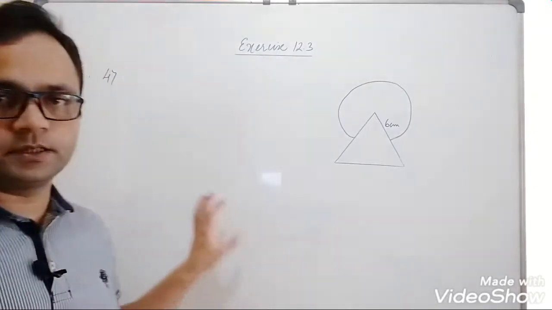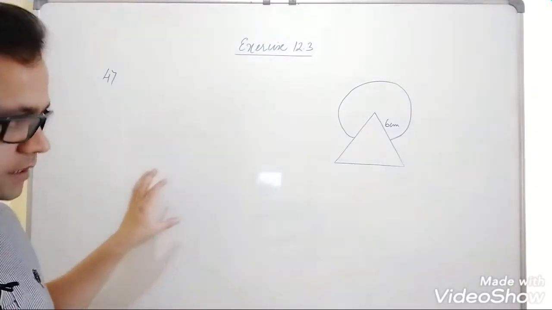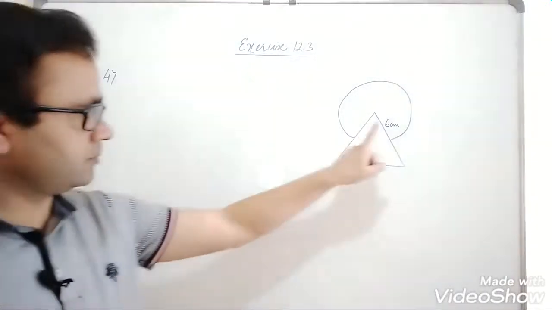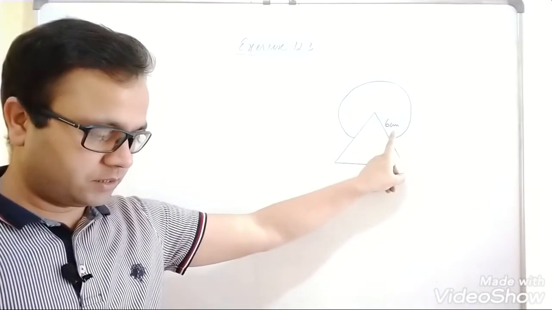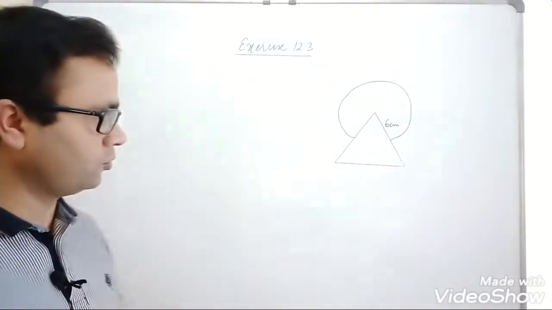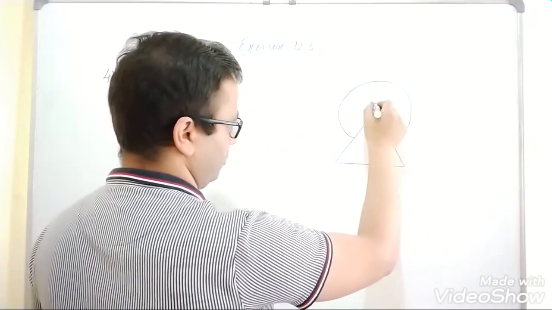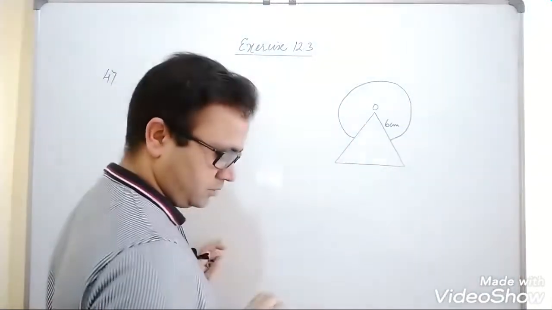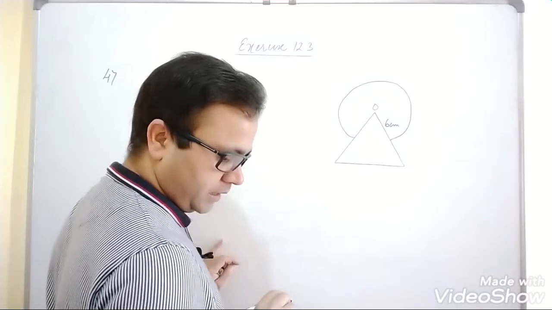Question number 4 is find the area of the shaded region, where a circle of radius 6 centimeter has been drawn with vertex O. From vertex O we drew a circle of radius 6 centimeter on an equilateral triangle.